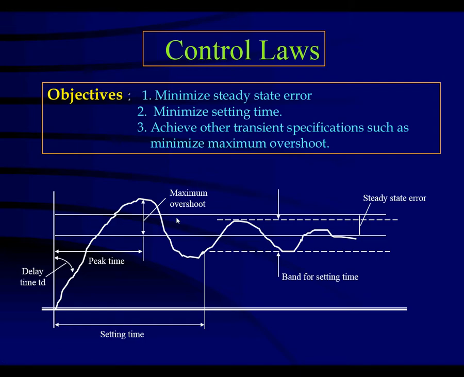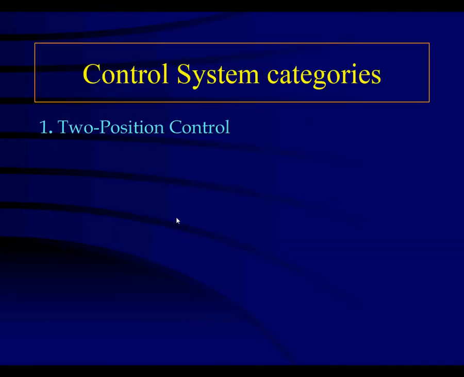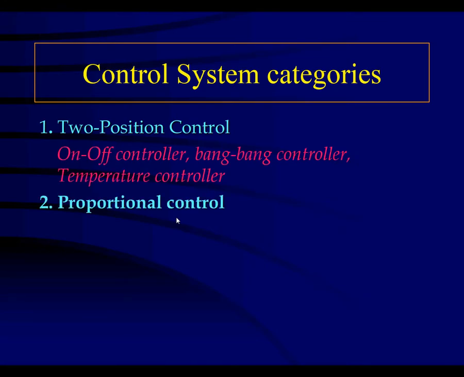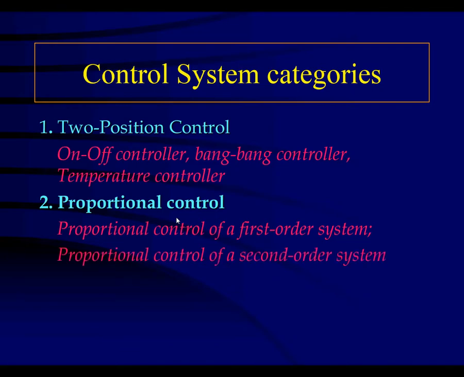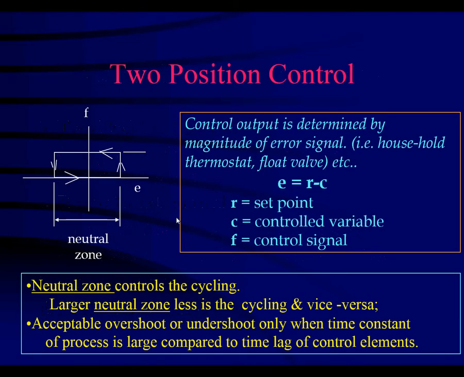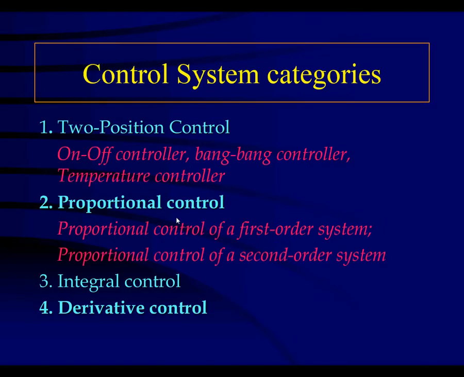Then we need to look at some responses to minimize the maximum overshoot and other desired conditions that we want to change. So you have a two-position control, proportional control, integral control, and then derivative control.